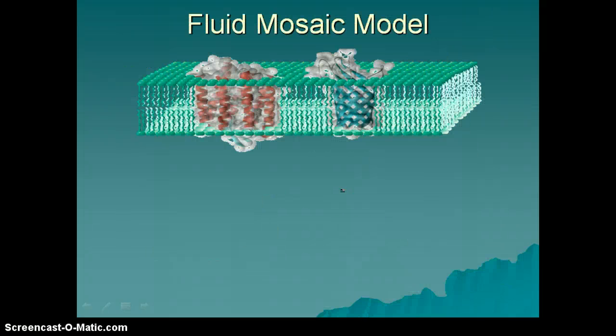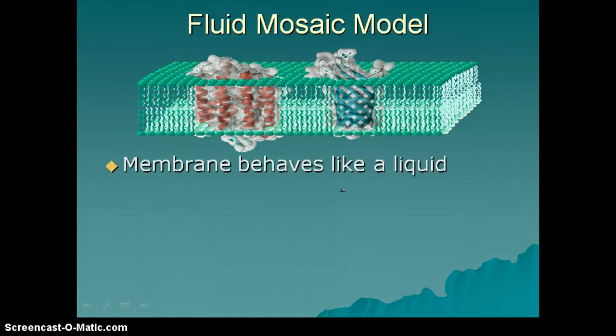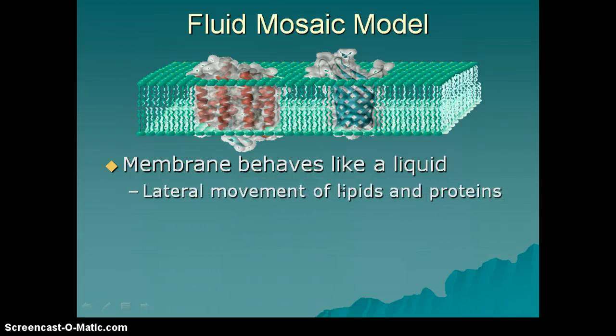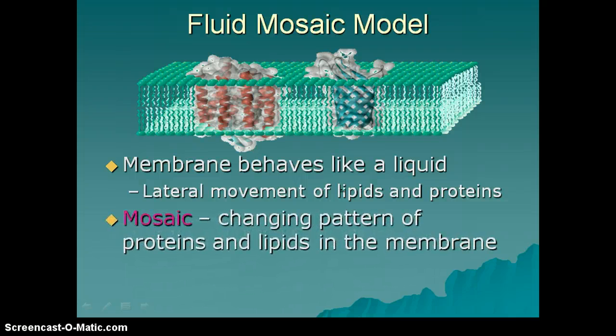Okay, and here's kind of what that membrane looks like again, just another image of it. There is a term for the cell membrane. It's called a fluid mosaic model, and it says the membrane will behave like a liquid. It's not a solid. It's not like those proteins have to stay in this one position. If you were to take an image of the cell membrane at any one moment, this protein can move.